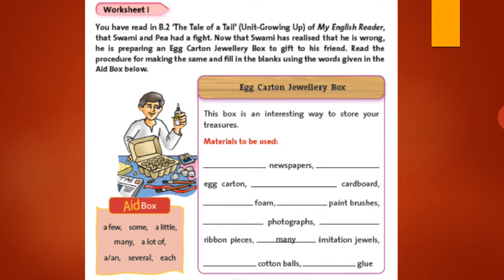On the basis of this box, which has been given here, you have to fill in these blanks. Egg carton jewelry box. You are going to make an egg carton jewelry box, and you have to use these determiners to fill in the blanks. Let's do one by one.